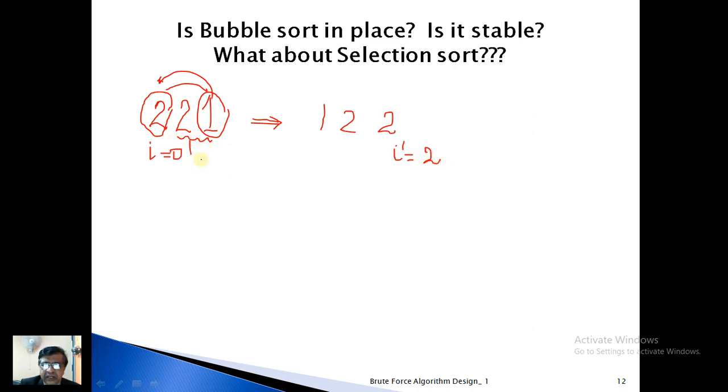And this J equal to 1, and it is here, J dash equal to 1. It so happened that earlier I was less than J, and after sorting I dash is greater than J dash. Therefore, relative positions of equal valued elements don't remain the same as far as selection sort is concerned. Therefore, selection sort is not stable.